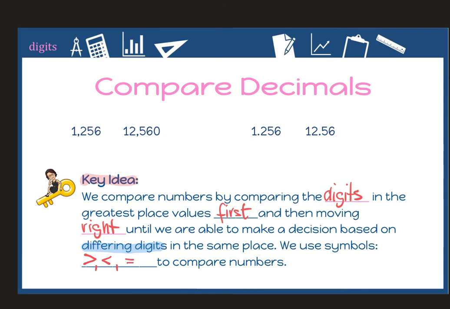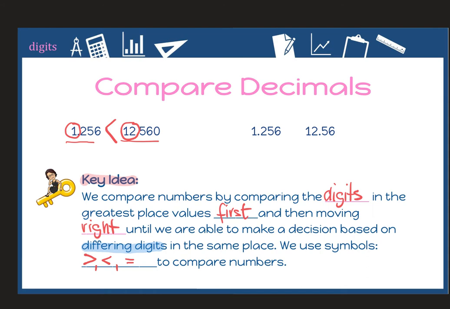So first let's look at the whole numbers here on the top. We have 1,256 and then we have 12,560. In this case, we can look at the ten thousands part of the number, so 12,560 will be greater than 1,256.